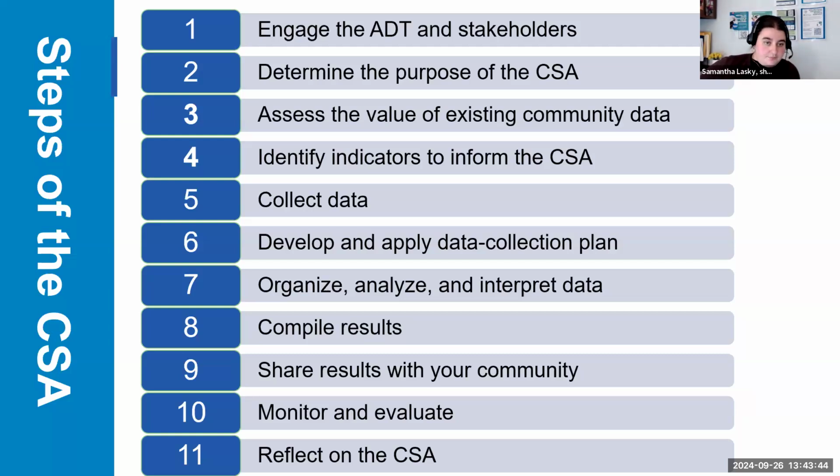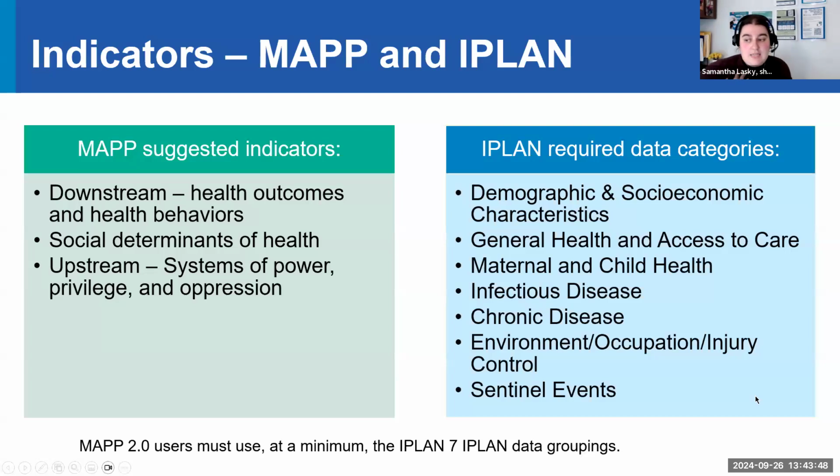Next slide. I'm not going to do as much talking about the CSA myself because we're going to go a little bit into the context assessment, which might be newer to folks than the community status assessment here. But we did want to note indicators for MAP. MAP suggests specific indicators, as you can see here on the left.